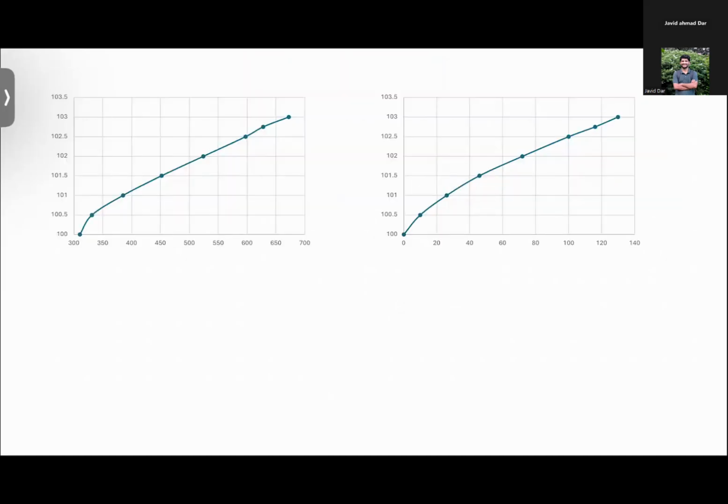So here are these two plots. This one is 2S upon delta T plus Q versus H, and this is H versus Q.